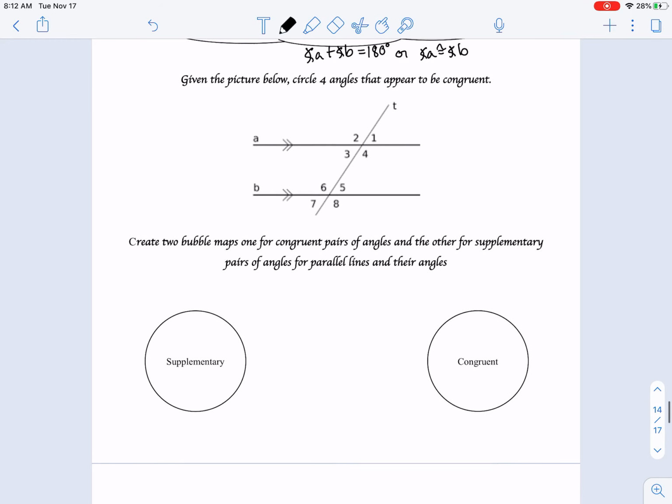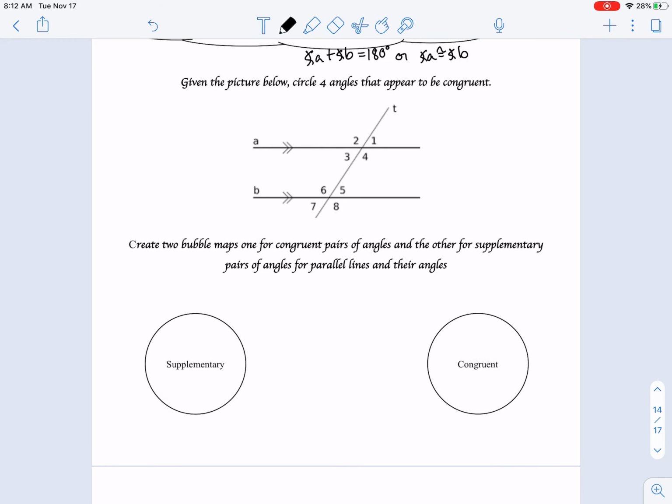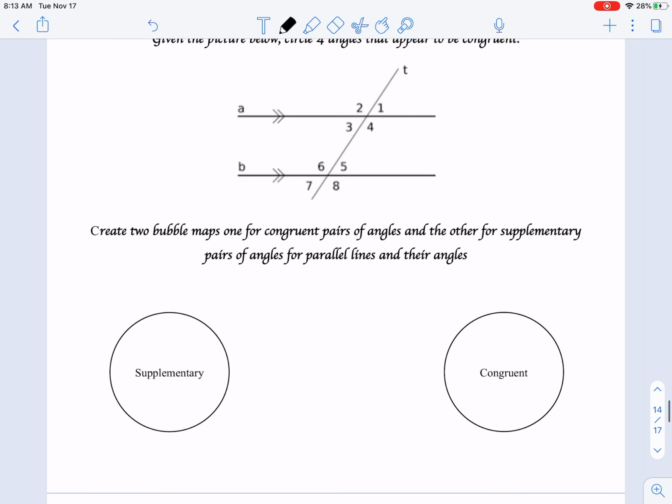So down here we want to create bubble maps for congruent pairs of angles and the other for supplementary pairs of angles for parallel lines. So supplementary, again, there's a bunch of them here. So we could say angle 1 and angle 2, right? Angle 1 is my acute, angle 2 is my obtuse.